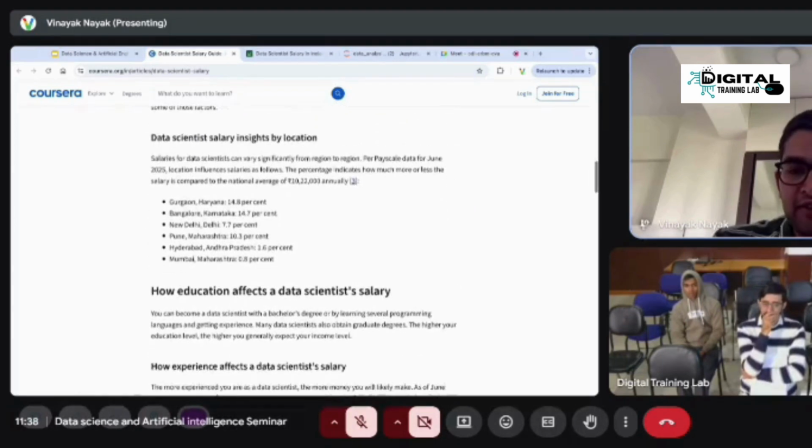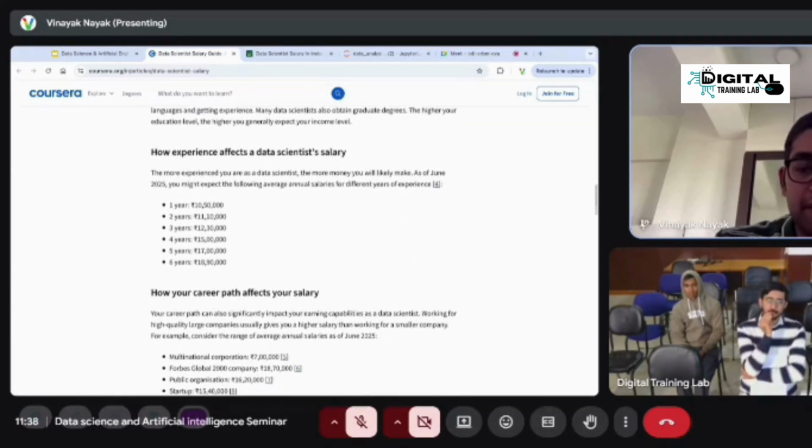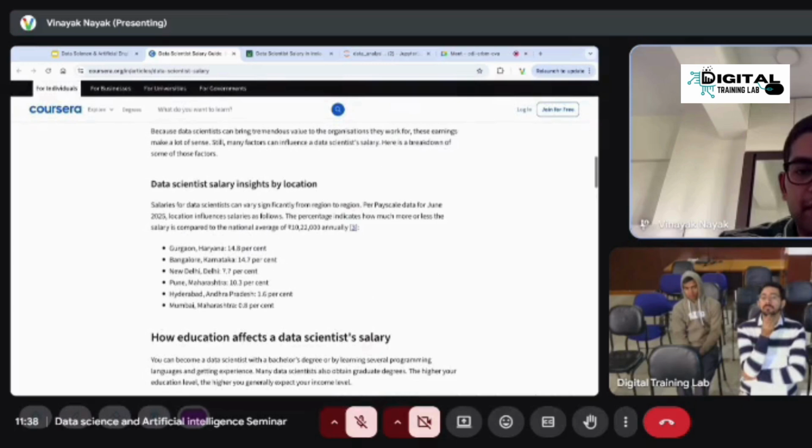They have taken this from PayScale, who did a very wide survey on how experience affects the data scientist salary and so on. You see, this survey was conducted in 2025.